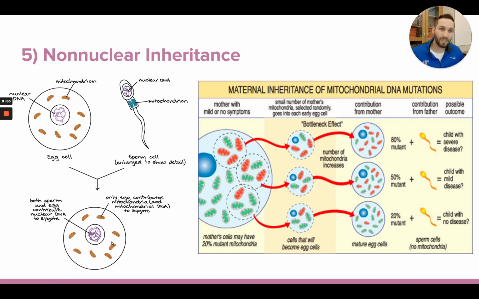And so any genes located on your mitochondrial DNA, which there's a handful of, the DNA that you get for those genes is going to solely come from your mom. So you will only get your mom's mitochondrial DNA. Your dad's mitochondrial DNA will never be passed on to his offspring.